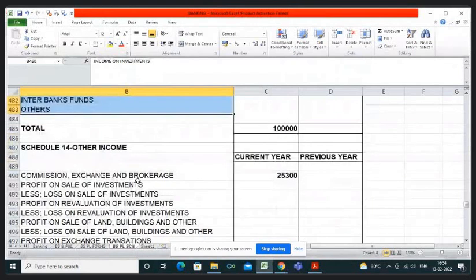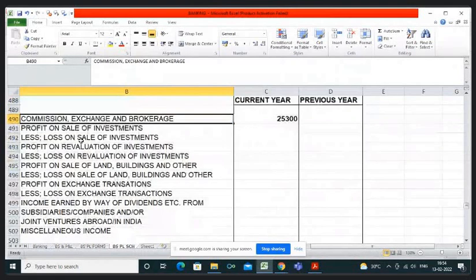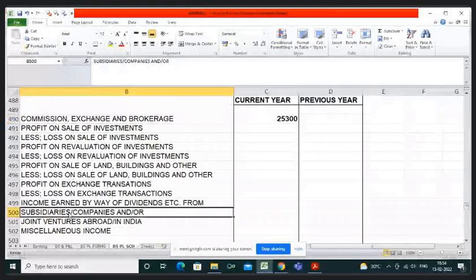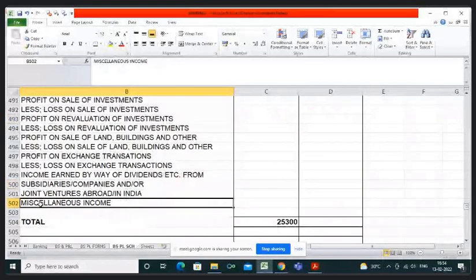So in other income, we have commission, profit on sale of investment, loss on sale of investment, revaluation of investment, land, building, exchange transactions, dividends, income from subsidiaries, joint ventures, all these. So we don't find anywhere the amount called rent. So what we'll do, we'll write it as part of the miscellaneous income.